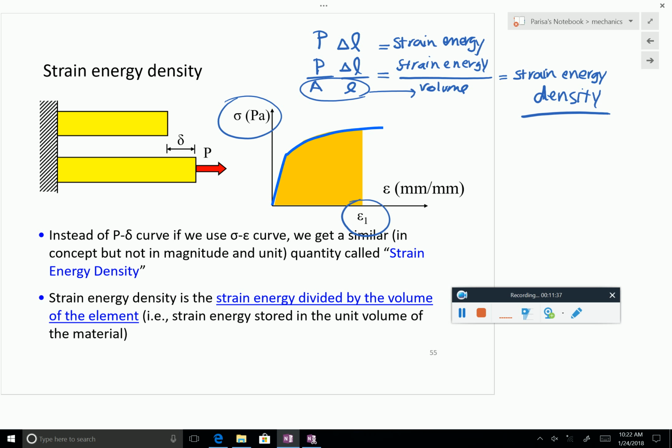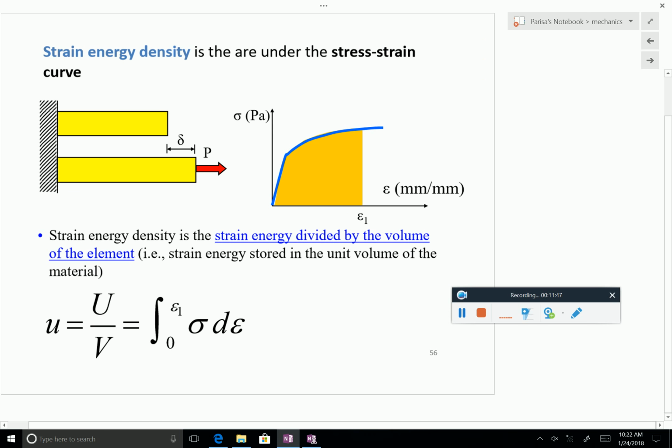Now, there are two more parameters which are closely related to a strain energy density. And what we were talking about is pretty much an introduction to get there. So this is what I just told you. Strain energy density is the strain energy divided by volume.